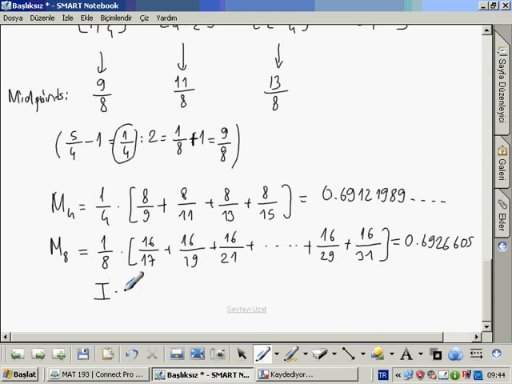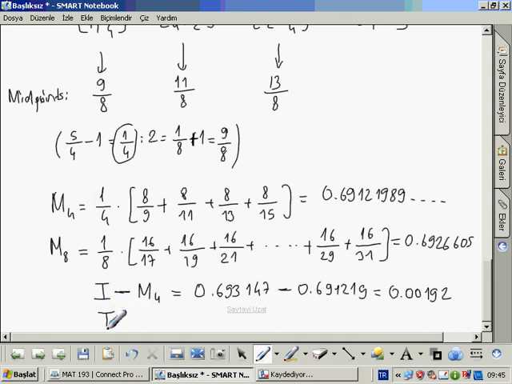You can calculate the errors in these approximations. For example, the real integral value 0.693147 minus M4, 0.691219, equals 0.00192.